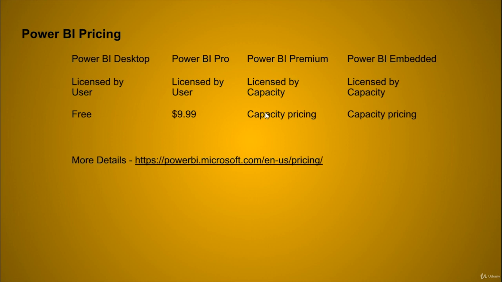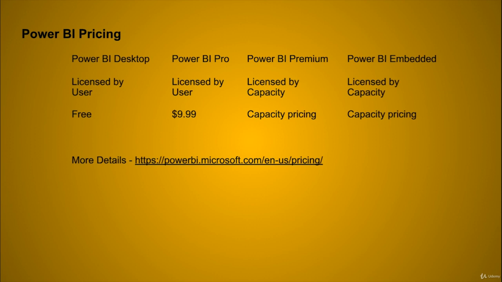Next comes the pricing model of Power BI. As I've already told you, Power BI Desktop is free to download and you can work on it and easily create reports. Next, Power BI Pro or Power BI Professional is licensed by user, and its price is $9.99 per user per month, which will give you access to Power BI service, and you can share reports with other Power BI users in your organization.